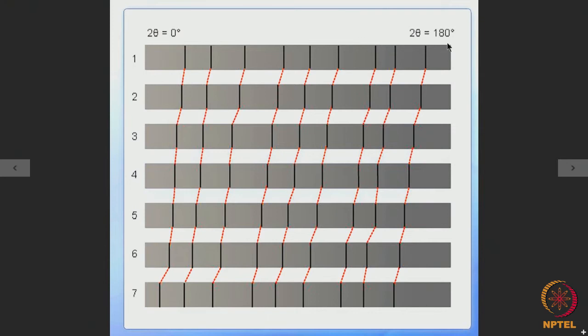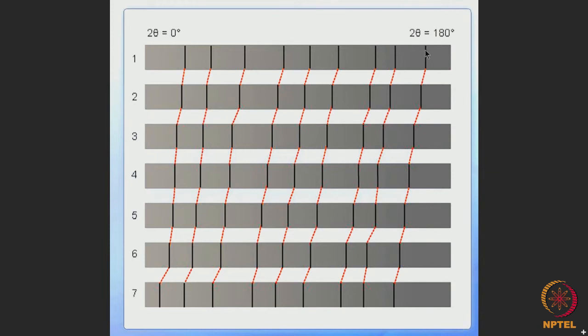This is 2 theta equal to 180, that means the high theta side. Now, for the pure component 1, A, this is the diffraction pattern. So, we get diffraction lines for the component A.